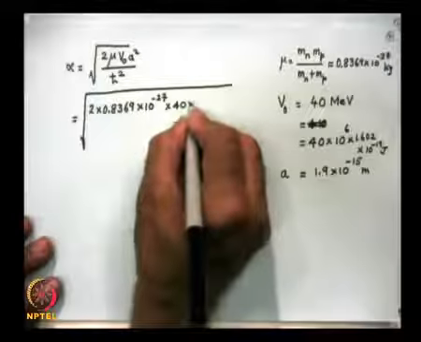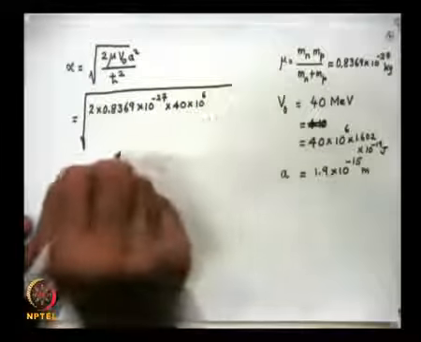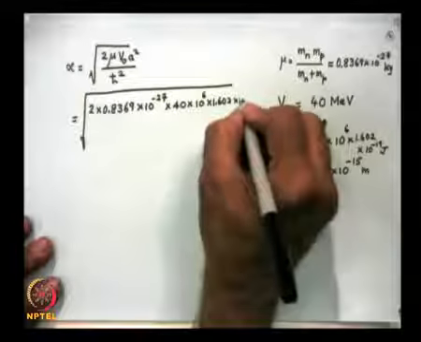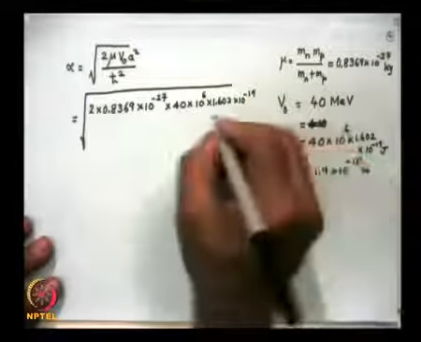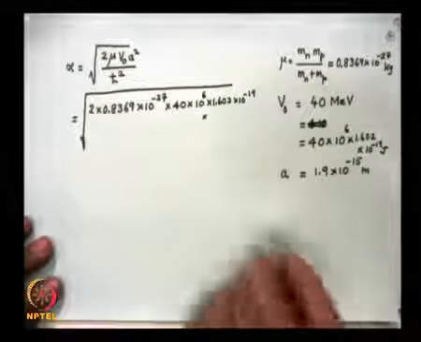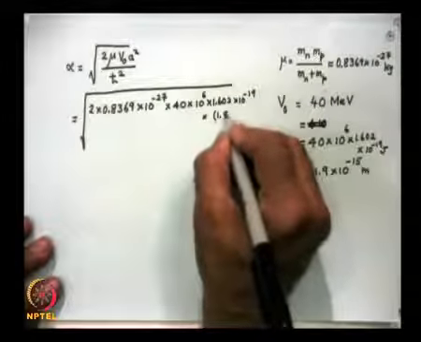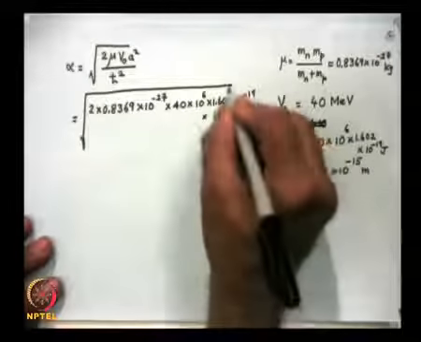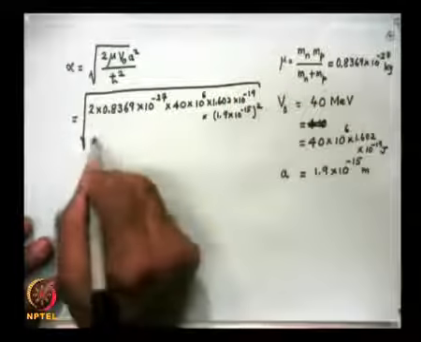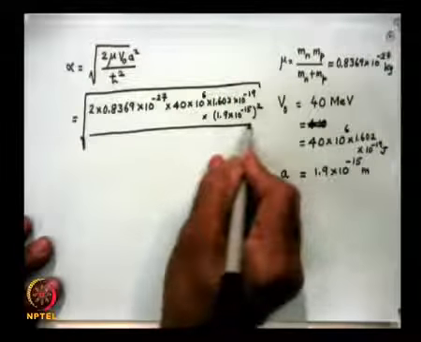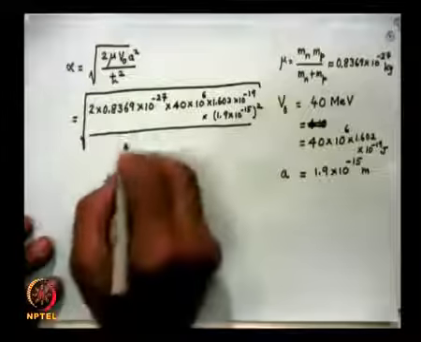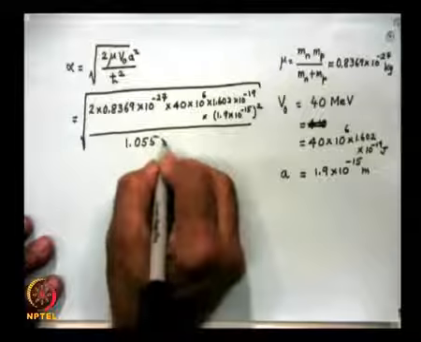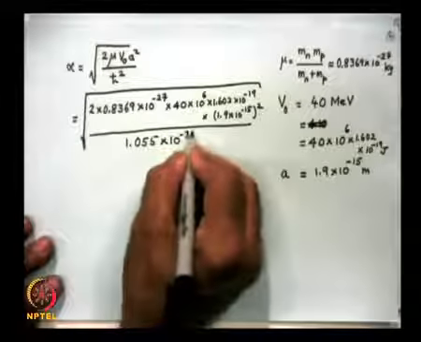V 0 value is 40 into 10 to the power of 6, 40 MeV into 1.602 into 10 to the power of minus 19, multiplied by, in the denominator, A square, 1.9 into 10 to the power of minus 15 square, the whole thing under the root, divided by h cross square, and the h cross square is 1.055 into 10 to the power of minus 34 whole square.